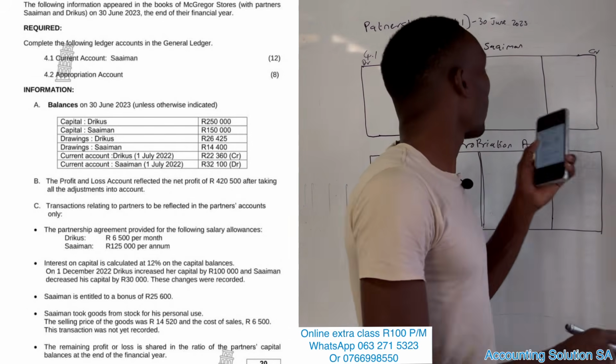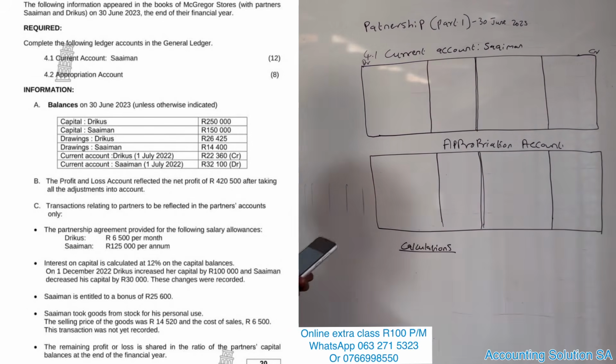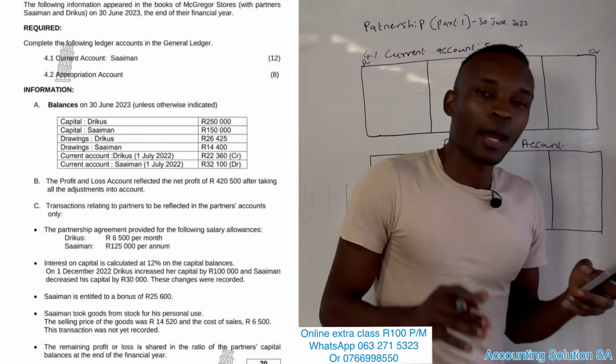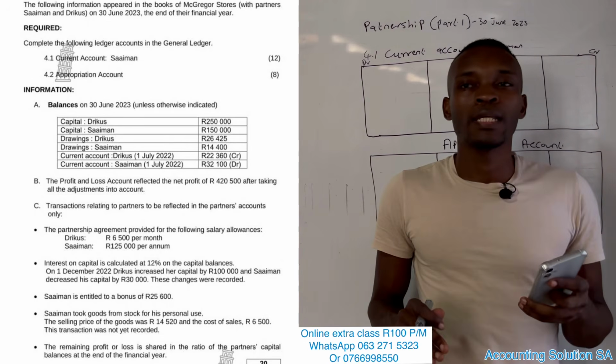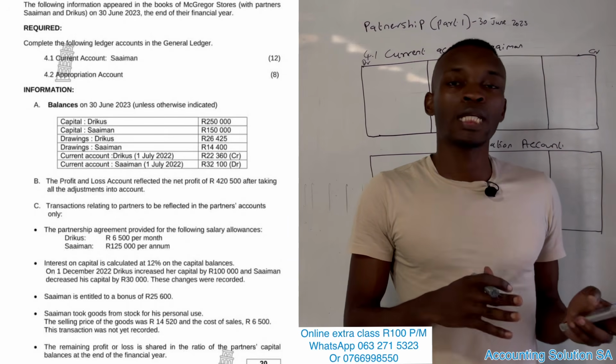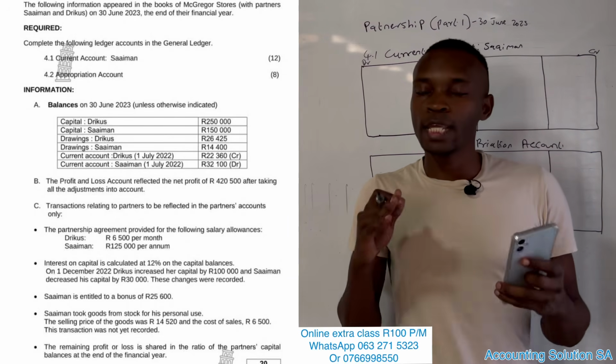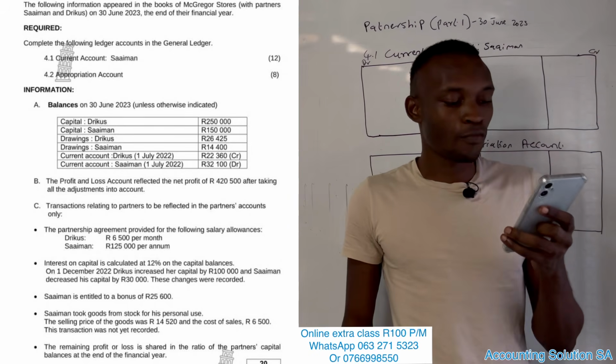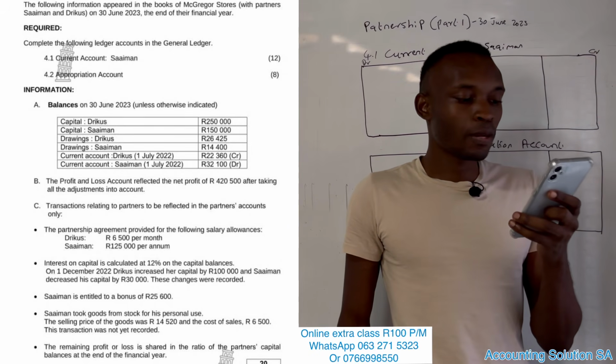Guys, under a current account, number one, what you need to know is that the current account opening balance does not always remain the same. Sometimes it will be on the debit, sometimes on the credit. It depends on the information they give you. For example, here we are preparing for Simon.